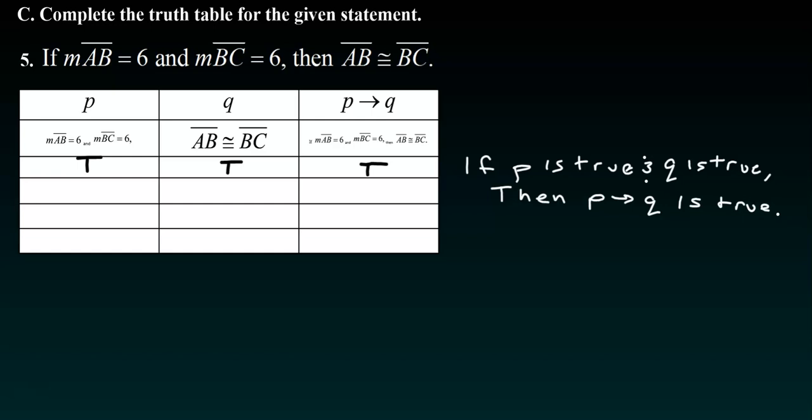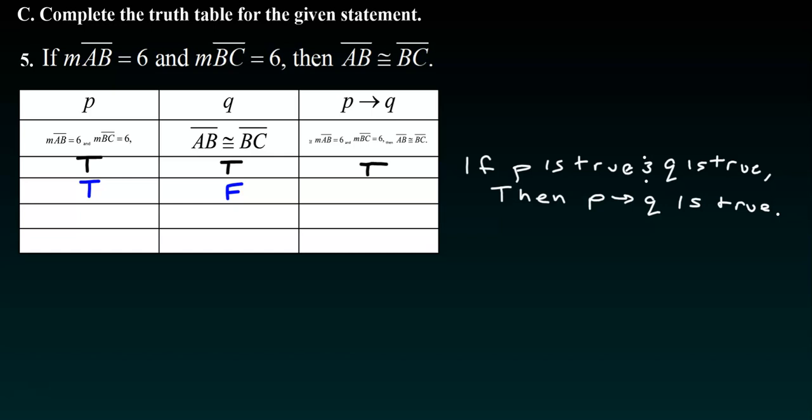Then on the next row, again we're going to say that P is true, but this time we're going to say that Q is false. We're going to say that AB is not congruent to BC.